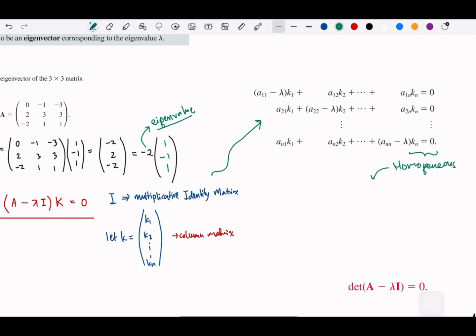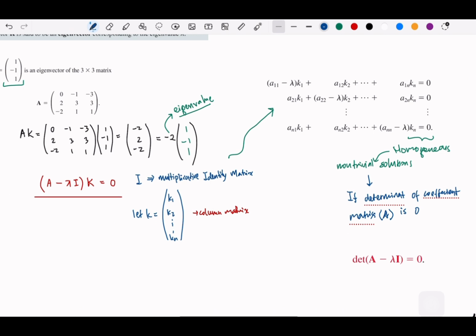So a homogeneous system has non-trivial solutions if the determinant of the coefficient matrix or A is 0.